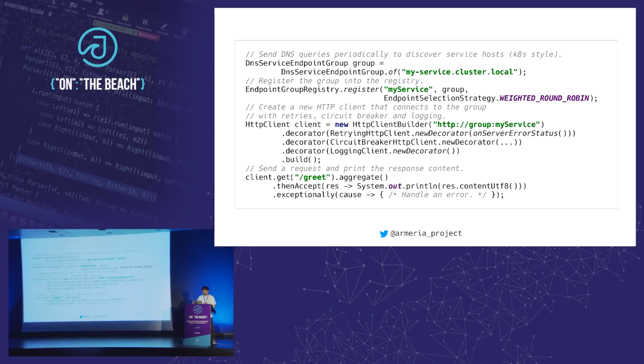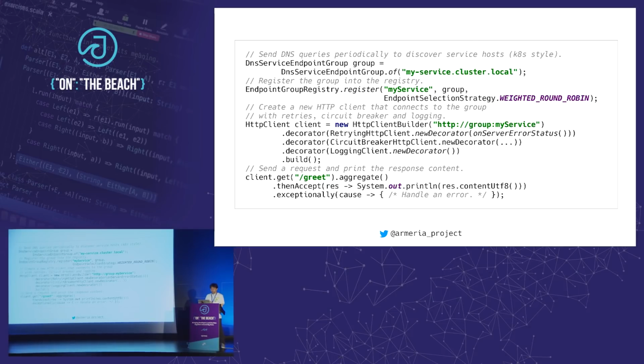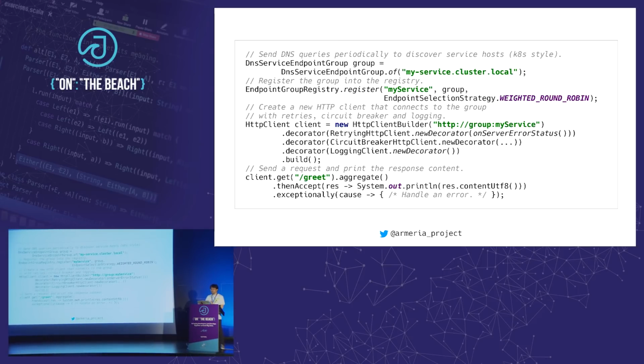And then when you create an HTTP client, you specify a URL, and in the host name section, you specify group and group name. In this case, group:myservice. If you create a client like this, whenever you send a request using this client object, it is automatically distributed to the services discovered by DNS service endpoint group on the top. So client-side load balancing is very easily achievable.